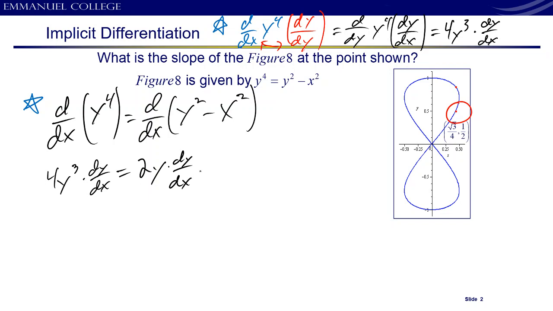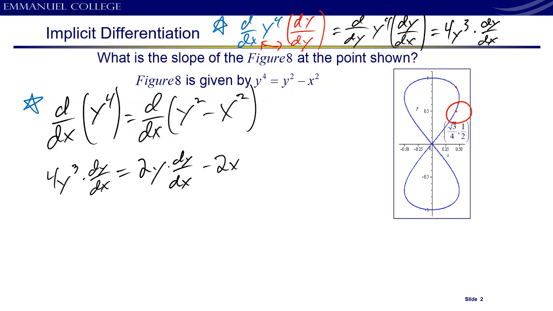We don't change anything else. Now, the next part's easy because we have the derivative of negative x squared with respect to x. Those variables match up, so that's just minus 2x. And because the variables match, we don't have to have a dx over dy or something like that.